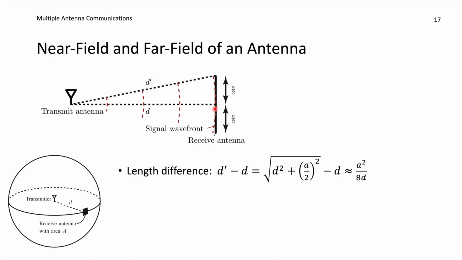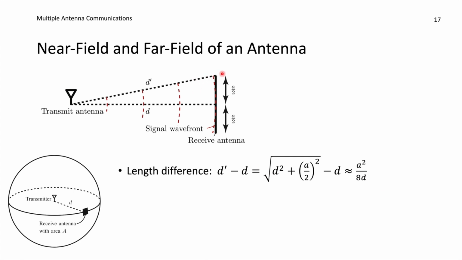And from the Pythagorean relationship, we know that we should have this longer side here, which is d squared plus half of a, the total length here, squared, and then we take the square root of that, which is d prime, and we subtract d from that. This expression doesn't help us very much to understand it, but if we apply a first order Taylor expansion of this, then we can simplify it further and get a squared divided by 8d. So that is the extra distance up here.